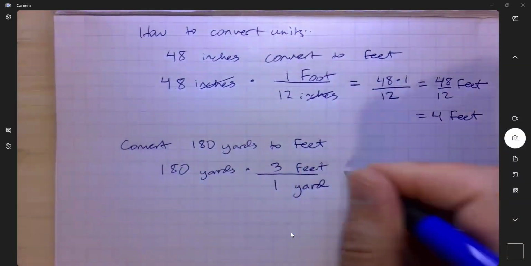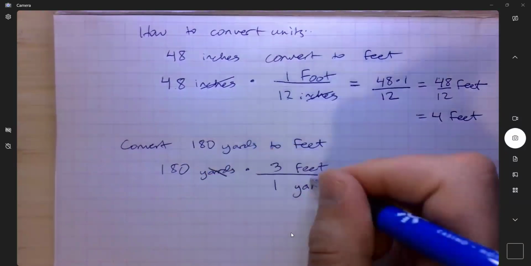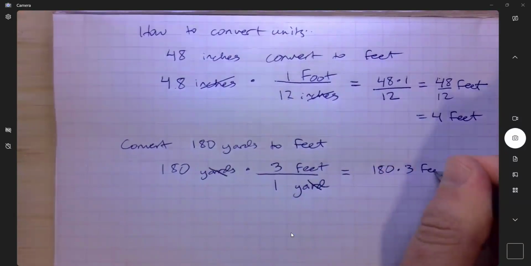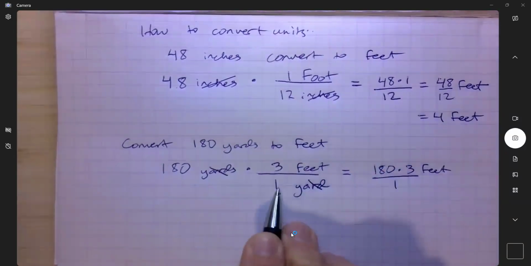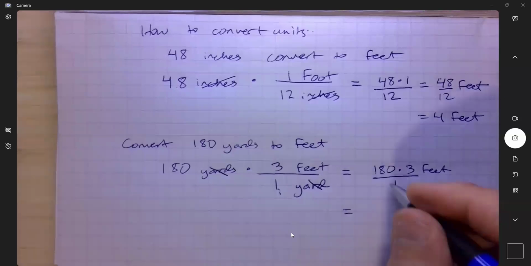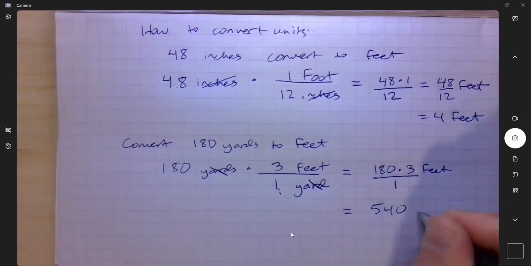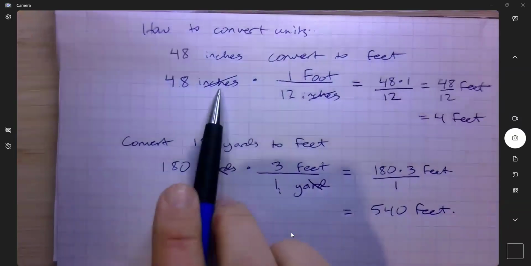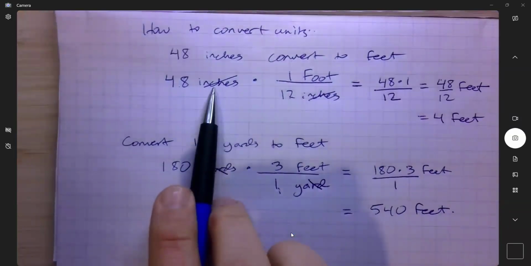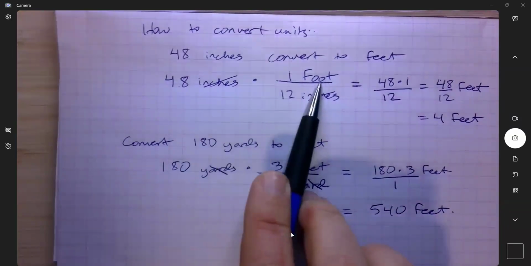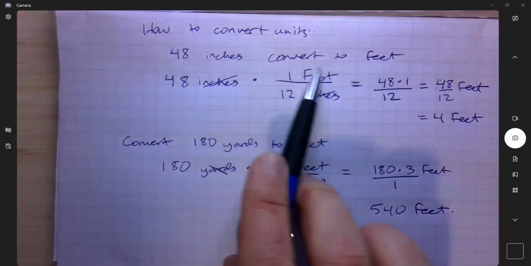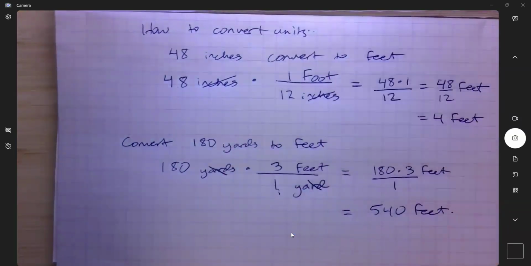There's my fraction. This time the yard units cancel, and I get 180 times 3 feet over the 1, which is 540 feet. If you use this approach where you look at your initial units of measurement and change them to your ending units of measurement, that will keep the conversion factor in the right order, top and bottom.